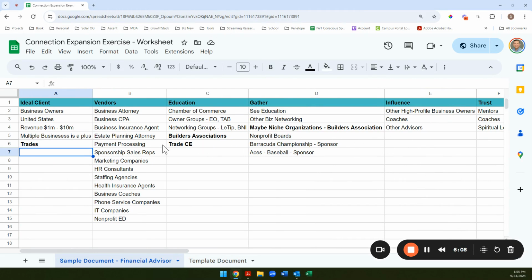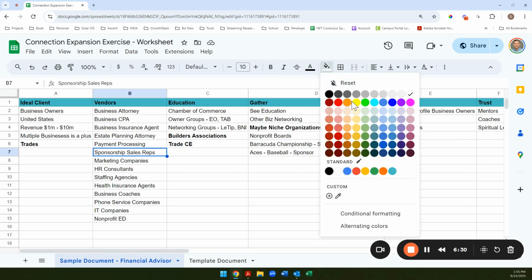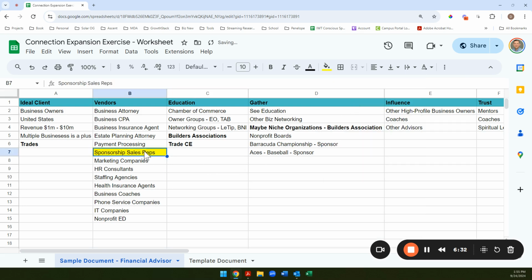And as you saw, as we were going through this, I had already pre-filled some of it, but as you get more specific, you start to figure out where you have areas. Now, ease of access to most of my ideal clients and people I get along with would be places I would go. So for me, sponsorship sales reps are the type of people I really enjoy. So I might highlight sponsorship sales reps, and I love the nonprofit world.